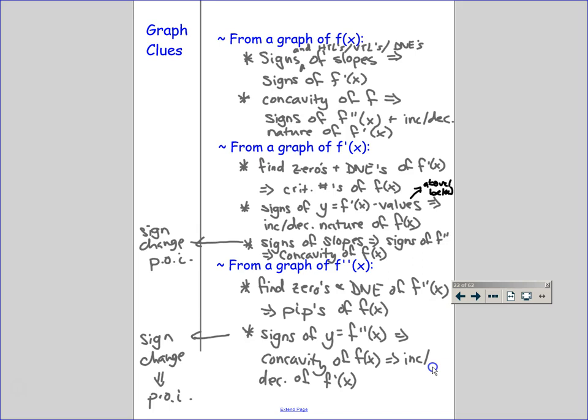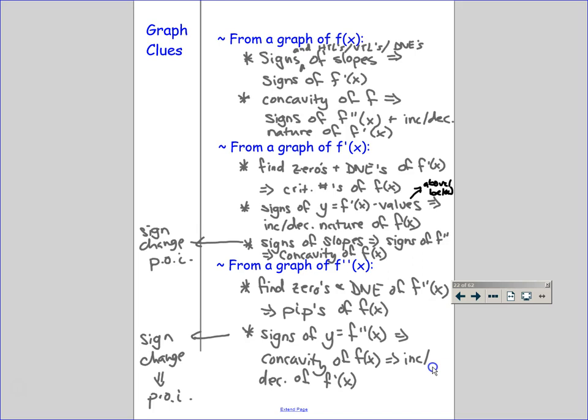And if you have a graph of f double prime, you don't see that very often, but if they give you a graph of f double prime, look at the zeros and DNEs of f double prime. Think of the pips of f. Look at the signs of the y values, the aboves and the belows, as the signs of f double prime, which tells about the concavity of f and the increasing and decreasing of f prime. Sign change would point to a point of inflection.